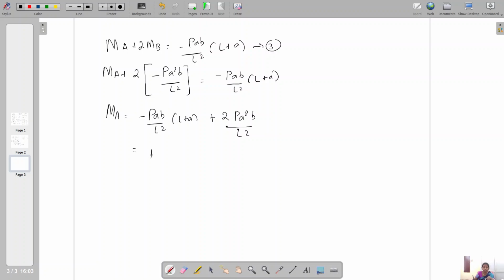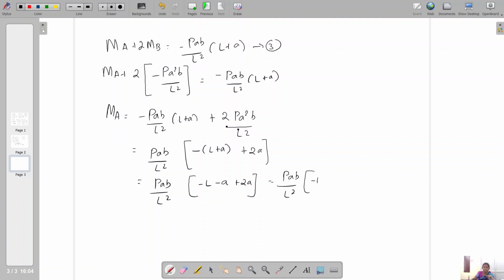I am going to take the common PAB by L square: minus L plus A, and in this we get 2 as the remaining and 1 A is also remaining here. Multiply: minus L minus A plus 2A. So it reaches PAB by L square into minus L plus A.